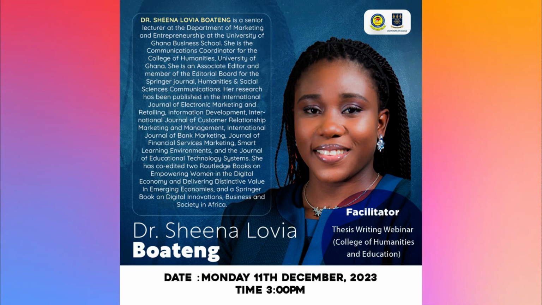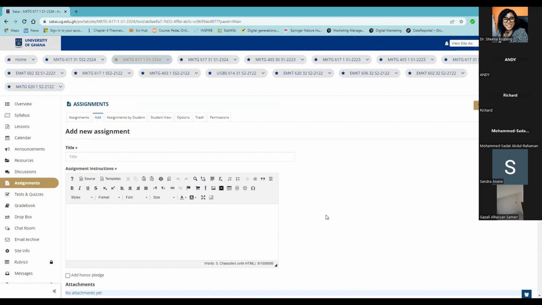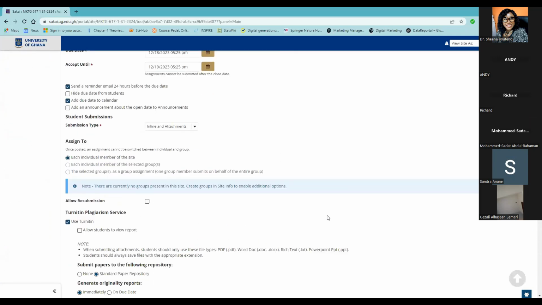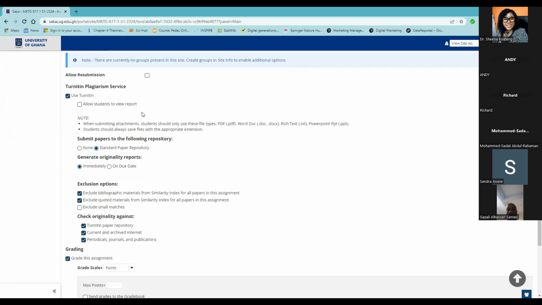Let me quickly show you in Sakai. Let me know if you can see the screen that I'm sharing. Please, can you see it? Yes, please. Now, this is my back end because I'm setting an assignment. If you are submitting it to Sakai, you see something similar like this with the Turnitin plagiarism service section.